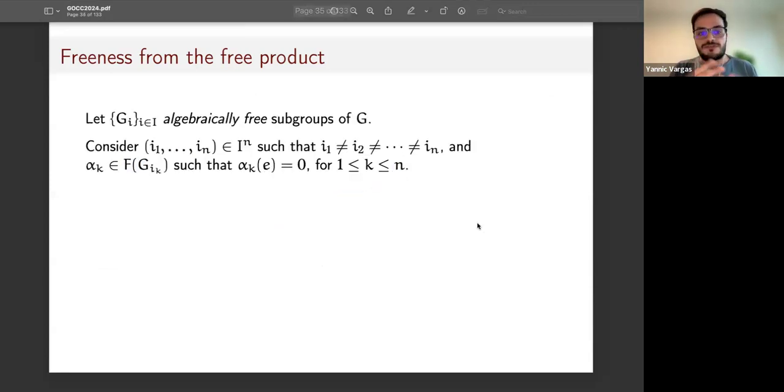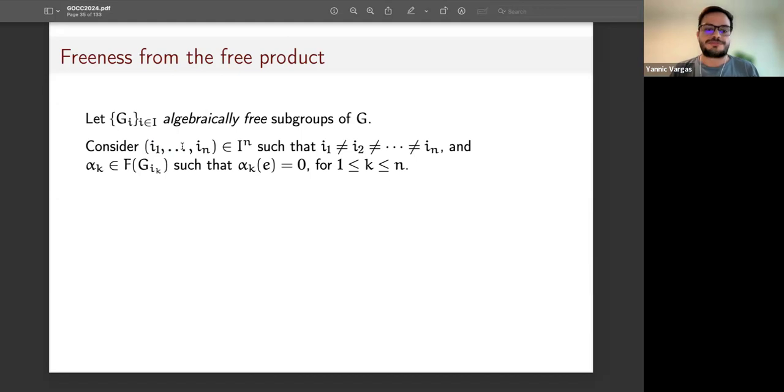And let's look at the following situation. Let's take a sequence of subgroups of J which are algebraically free, meaning that there are no relations between the elements of pairs of those subgroups. And I'm going to consider a sequence of indices, which are totally ordered, and if I choose one index, it is different from its neighbors.